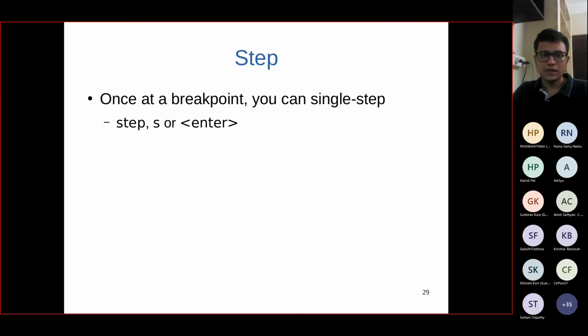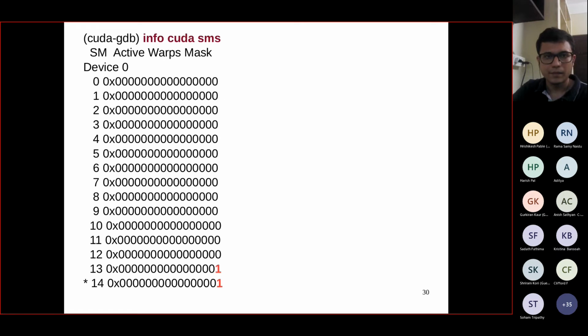Once you have inserted the breakpoint, you can see the step-by-step execution by using step or by pressing enter. And it will show you detailed execution for each and every instruction being executed inside that program.